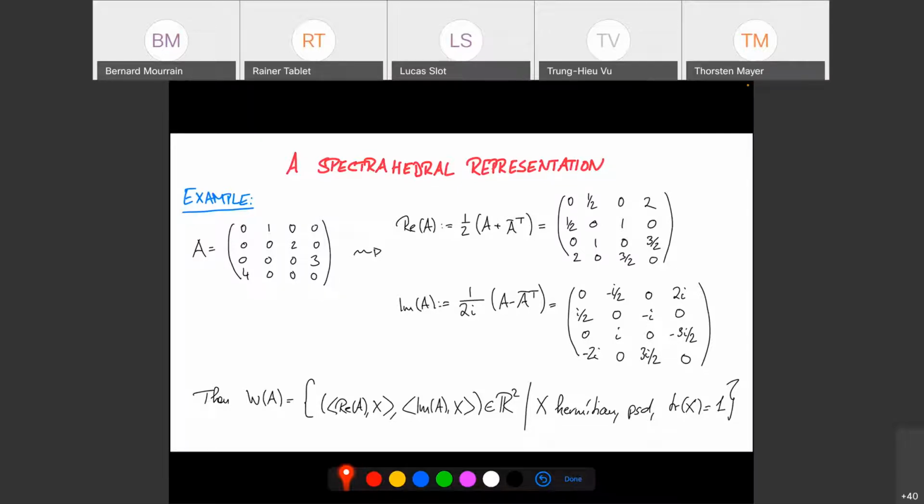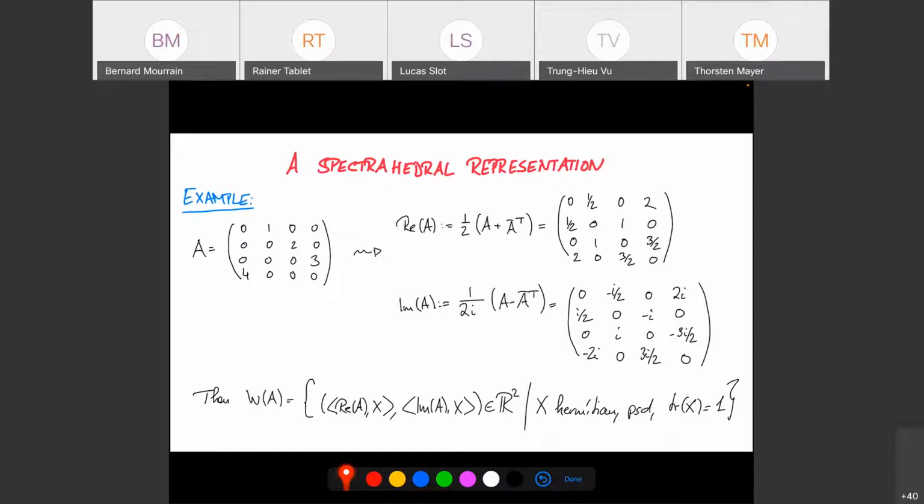It seems to take a second to appear. There we are. So the numerical range is, you take this product form, this is trace of real part A X star. And this projection will now give you real numbers because the real part of A and the imaginary part of A are both Hermitian matrices, and you pair them with a Hermitian matrix.